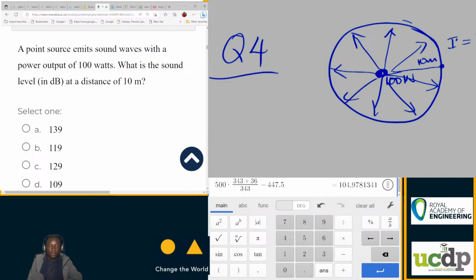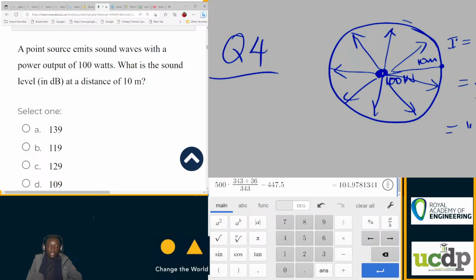So now it means we have got energy. Intensity is equal to power over area. Our power is 100 watts. Our area is given by 4 pi r squared, which is the area of the sphere around the source.